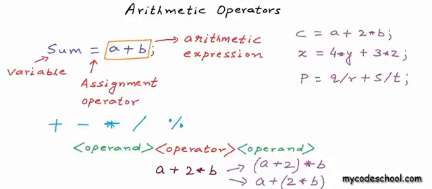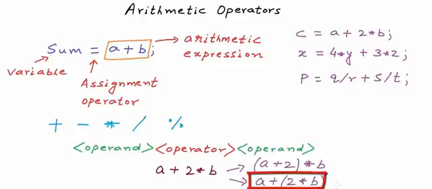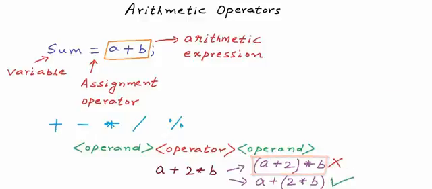If you remember your high school mathematics, then the precedence or priority of multiplication and division operations is higher than that of addition and subtraction, and so in this expression multiplication will be performed first. So this is the correct interpretation and this is incorrect. In a complex expression, operator precedence is applied to decide the order of operations.